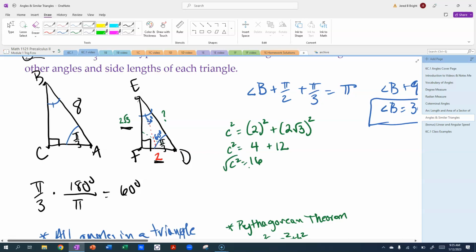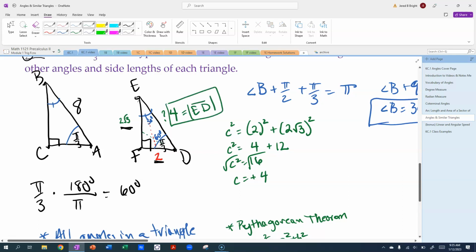Square root both sides, and c is equal to plus or minus 4. I have to do plus or minus because I introduced the radical, but we can't talk about negatives in the context of a triangle, so c is just 4. So we know that this side length is 4. If we wanted to label this, this would be the length of ED, and there we go.